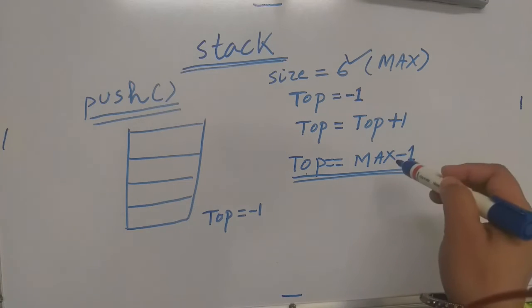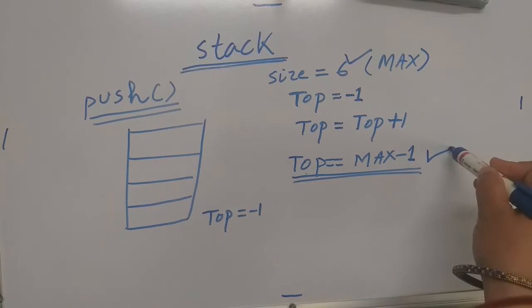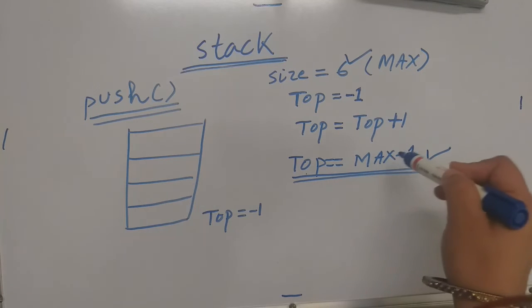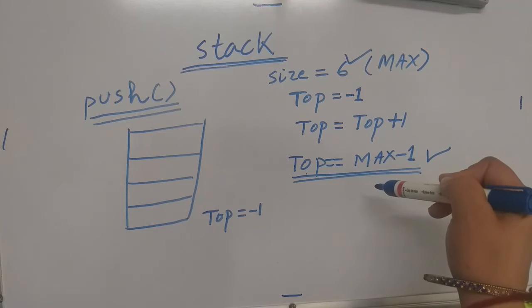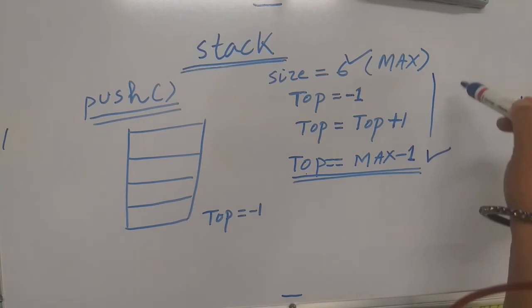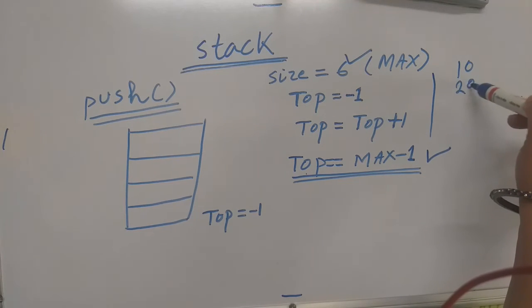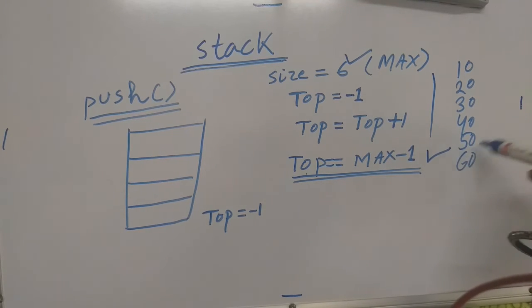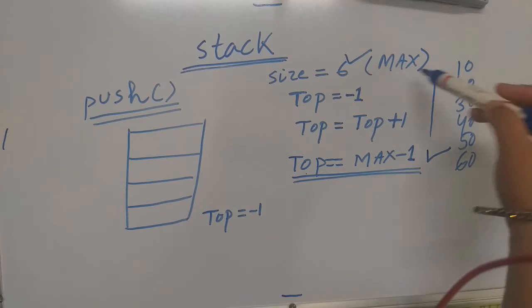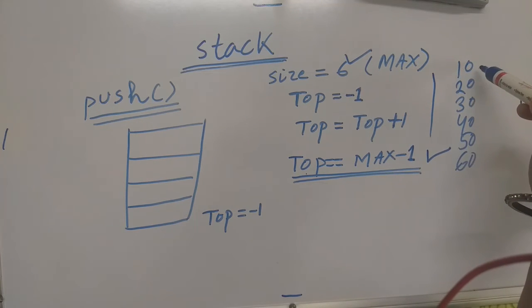But if top is not equal to max -1, then the insertion is possible. Suppose we want to insert 10, 20, 30, 40, 50 and 60, because the maximum size here is 6, and indexing starts from 0 to 5.